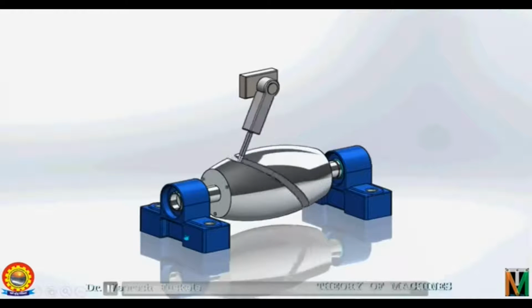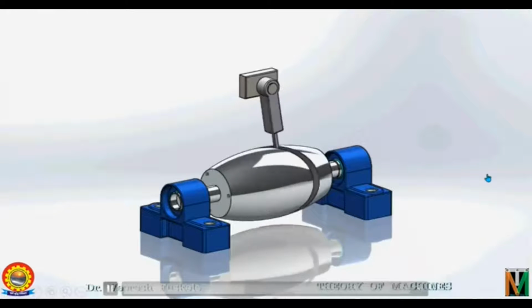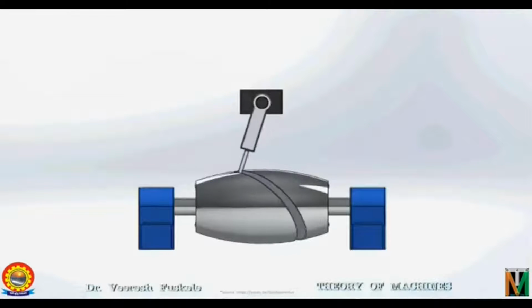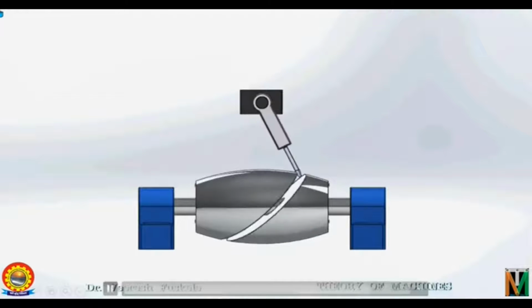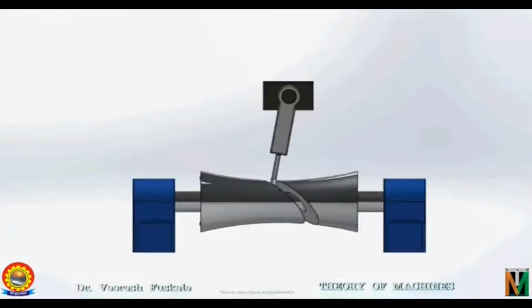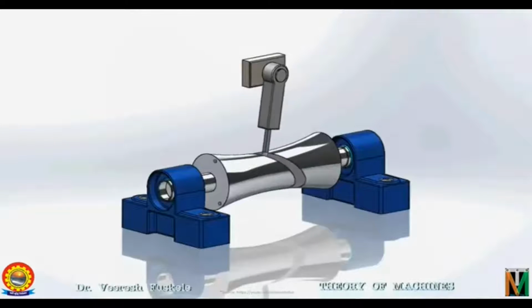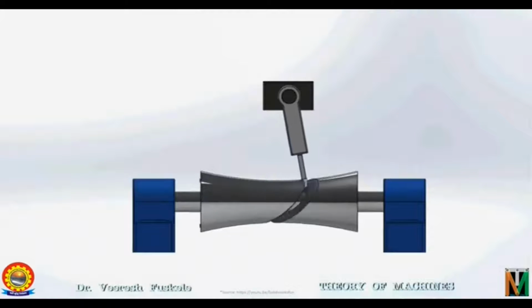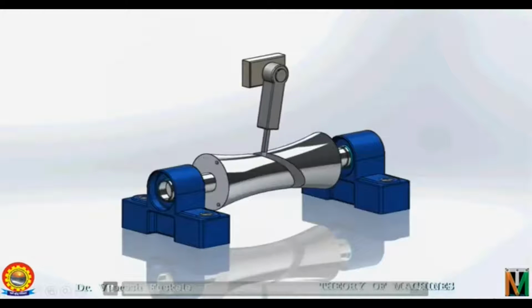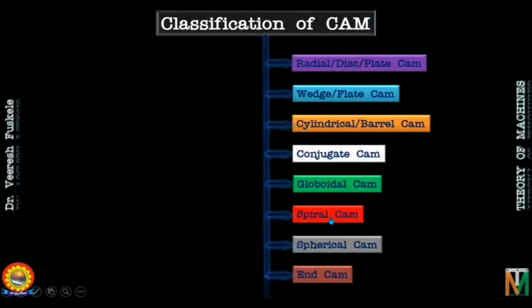So this is a convex surface on which a contour is cut and the follower is having the oscillating motion. Similarly, this is the concave cam in which the contour is cut and again the follower is having an oscillating motion. The application of such cam is limited to moderate speeds and where the angle of oscillation of the follower is large.